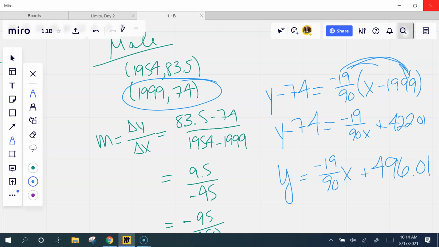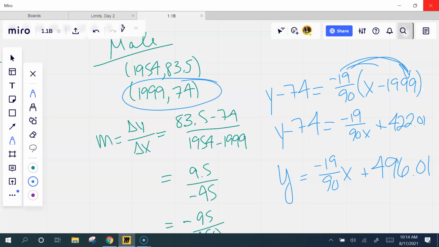No? Did I do it wrong? I'm not wrong. So what they probably did, instead of doing 1999, they probably did something like 99 for x instead of using 1999.